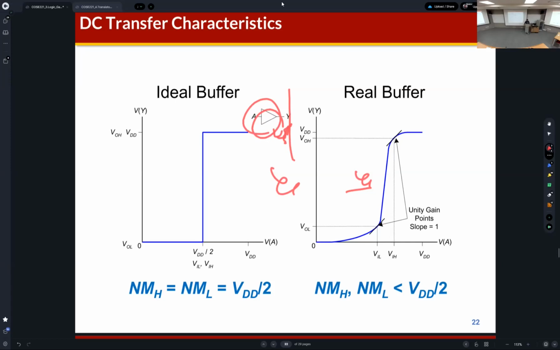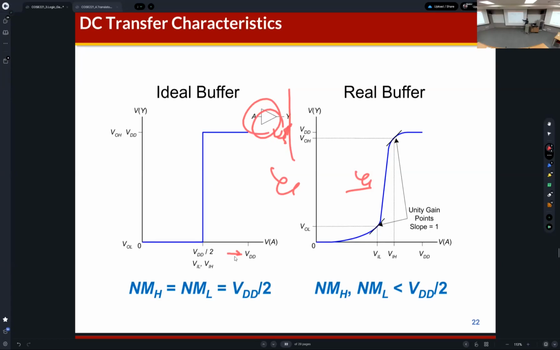I will try to use the mouse. So this is the input voltage level. From voltage level 0 to half VDD, what is the output signal?